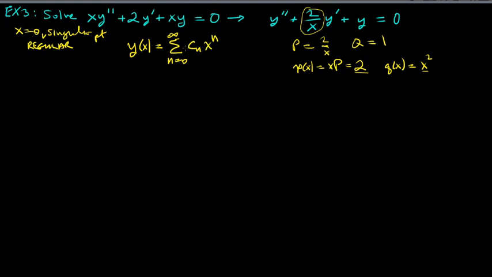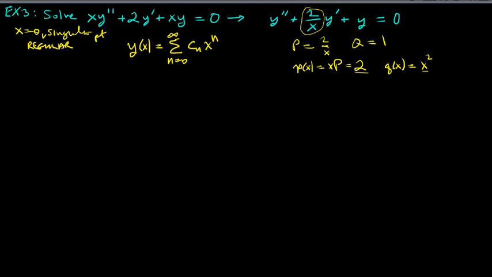That's the easiest way to do this. So we're centering this series at x equals 0, and we're going to do the same thing that we did last time, and we'll see what happens. Again, in general, this may not work. When you have a singular point, there's no guarantee that you're going to get a power series out of it.